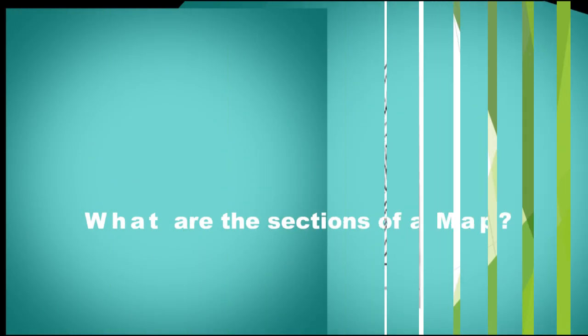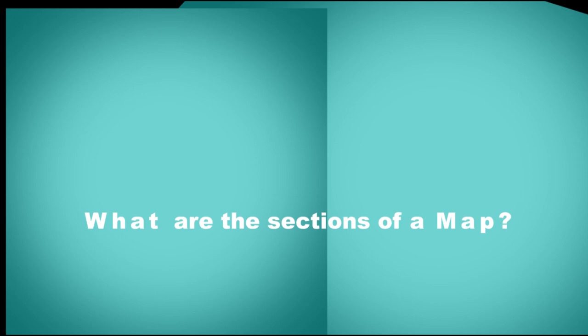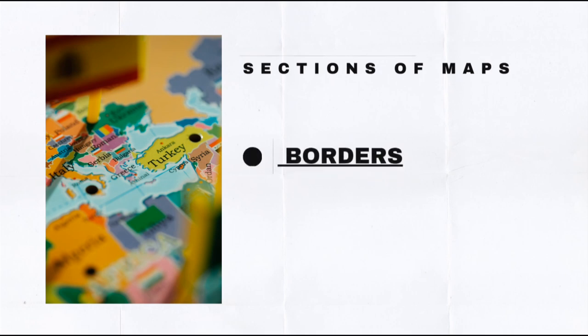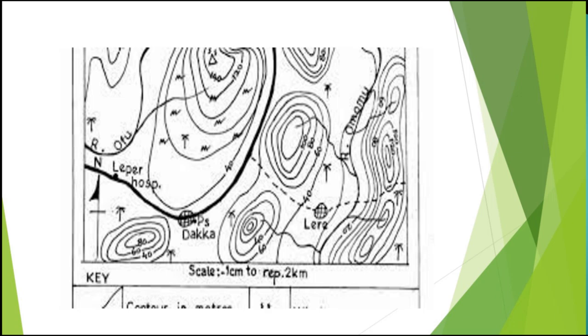Then, what are the sections of a map? A map must have a title, which is the name of the actual area it represents. 2. The features in the map, lines, symbols, and signs must be demarcated from the outside by the border. So that border tends to show the meridian and the parallel that pass through the map area.